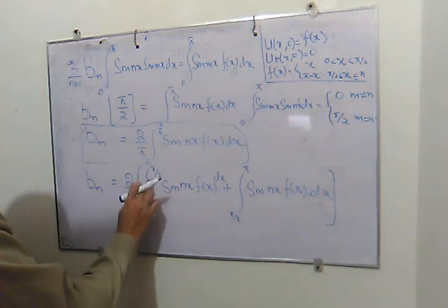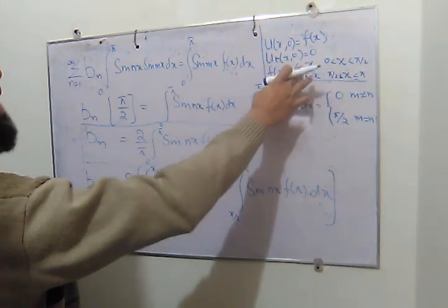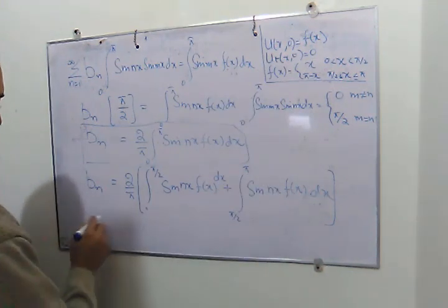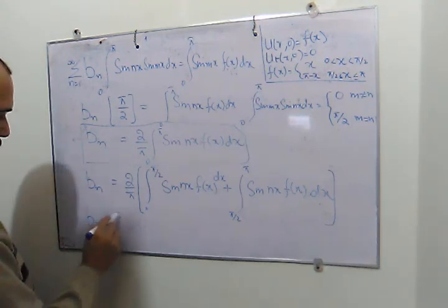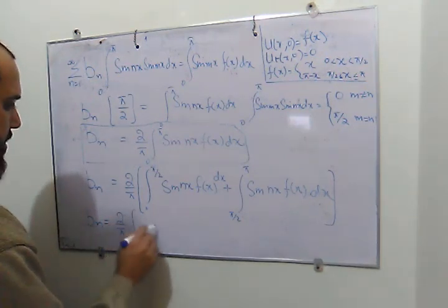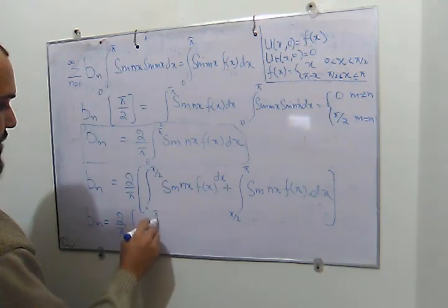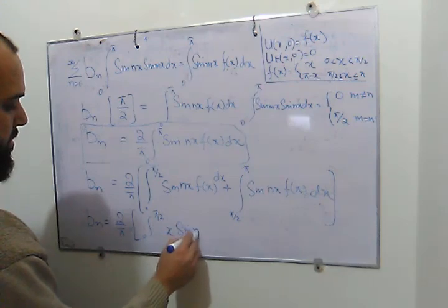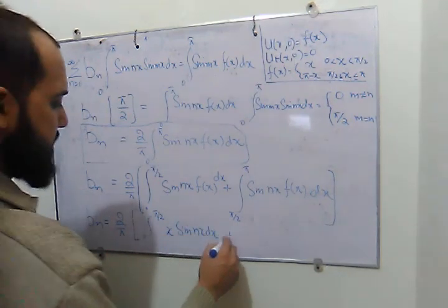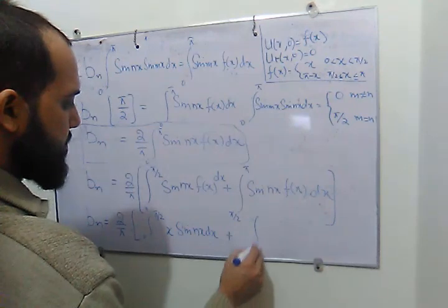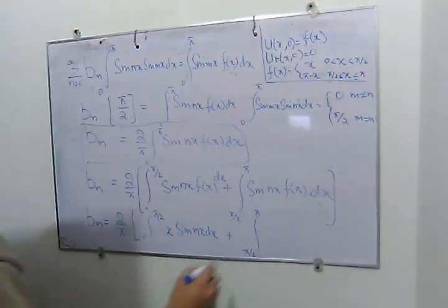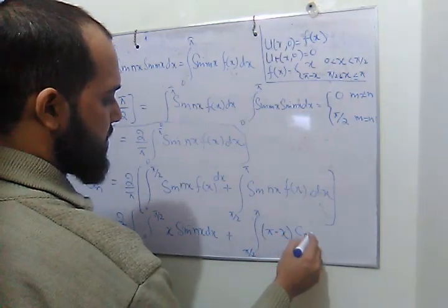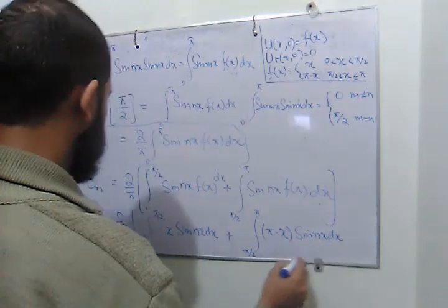Now for 0 to pi by 2, f(x) has the value x, and for pi by 2 to pi, f(x) is pi minus x. So we can write it as 2 upon pi times the integral from 0 to pi by 2 of x sin nx dx plus the integral from pi by 2 to pi of (pi minus x) sin nx dx.